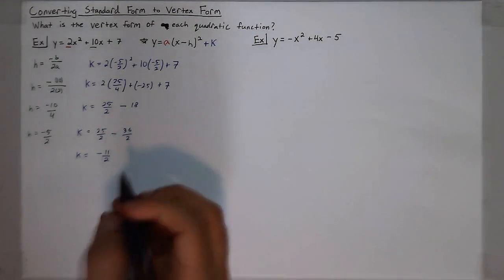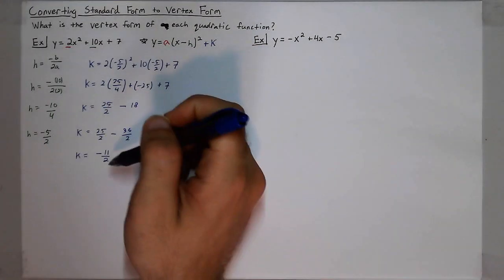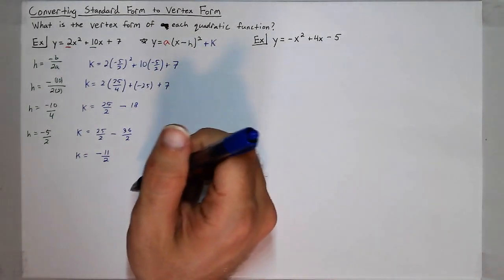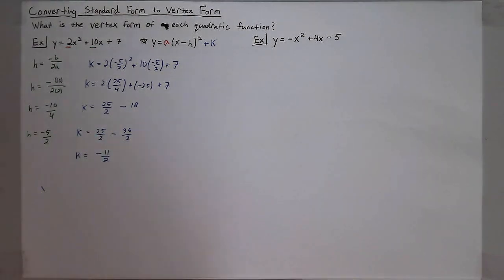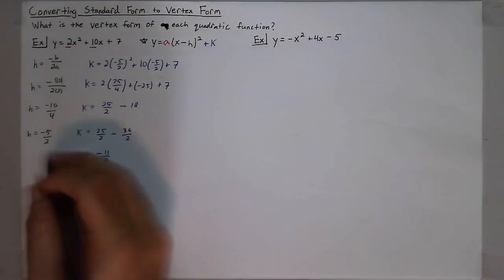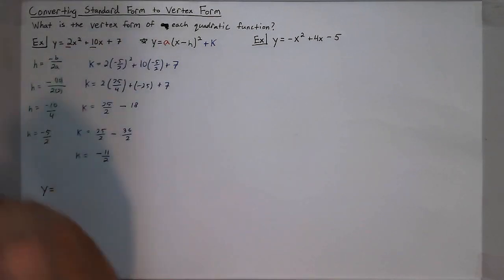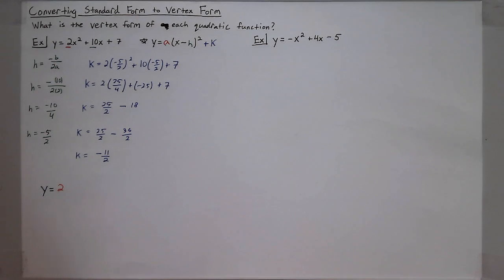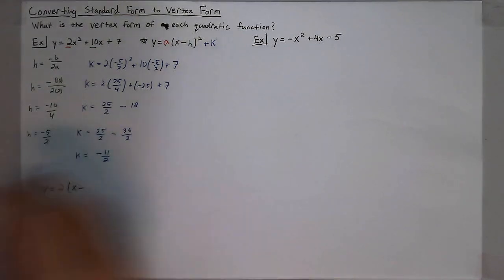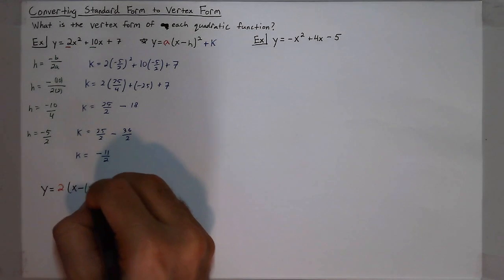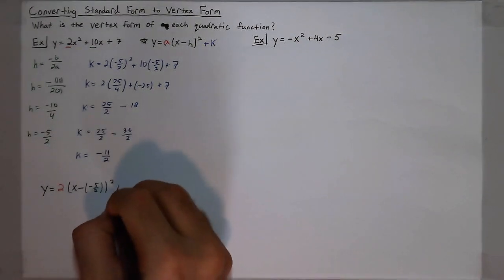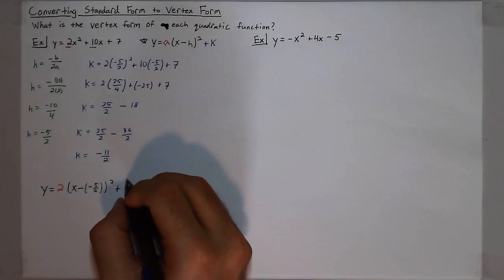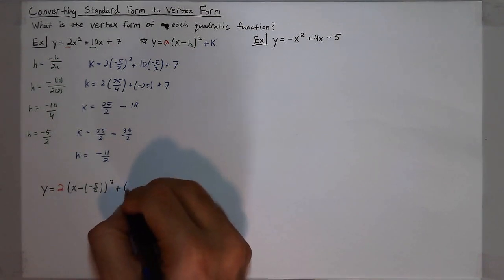So we know our vertex is negative 5 halves, negative 11 halves, and now we can go ahead and plug these into our vertex form, because now we'll have y is equal to a, 2, times x minus h, which in this case is negative 5 halves, squared plus negative 11 halves.